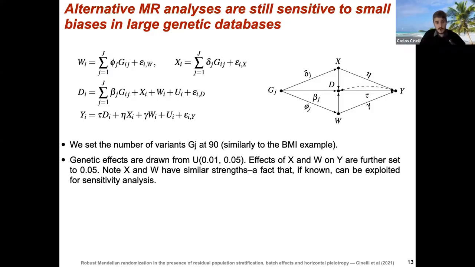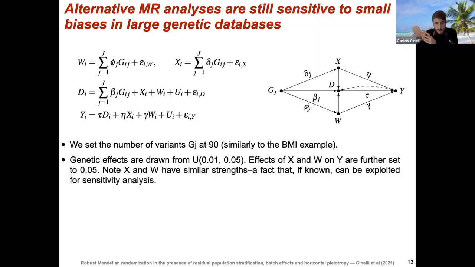All the genetic instruments are independent from each other, and all these epsilons are independent Gaussian error terms as well. We're going to draw the genetic effects from a uniform distribution from 0.1 to 0.5, and we're going to set the effects of the traits on the outcome to 0.05.